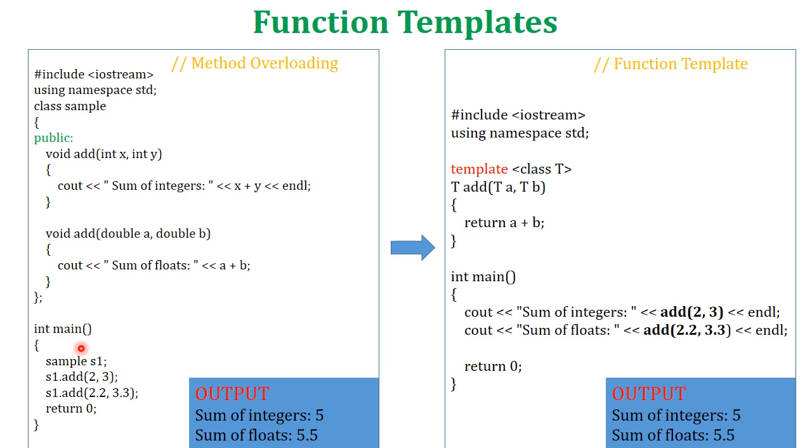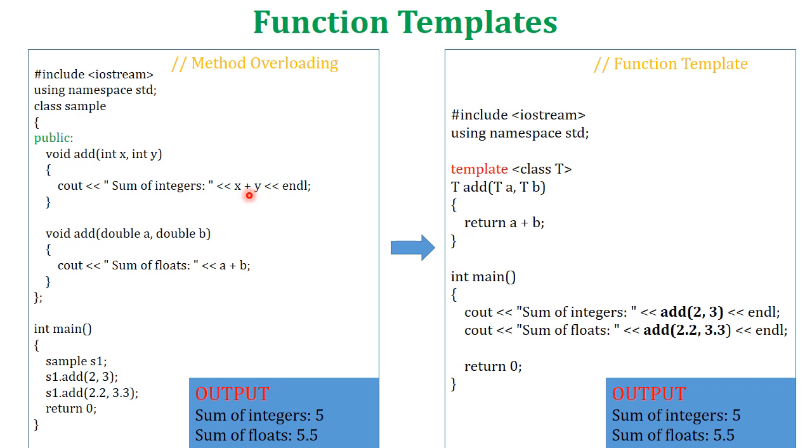So in the main function, we create the object from the class, and with the help of the object we invoke the function s1.add with the parameters 2, 3. The function name is the same, right? In that case, based on the values we pass, it will invoke the corresponding function. So here 2, 3 both are integers, right? Then it will invoke the first function and do the addition of the two values.